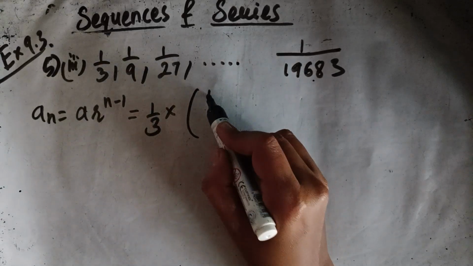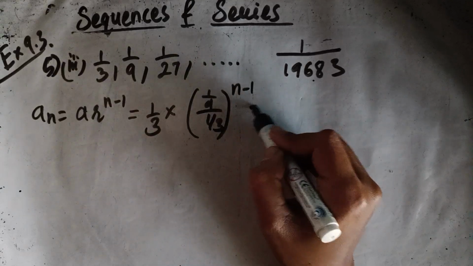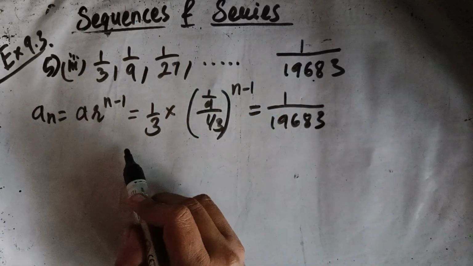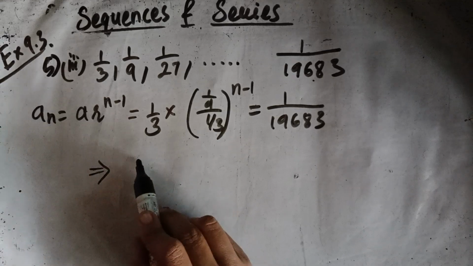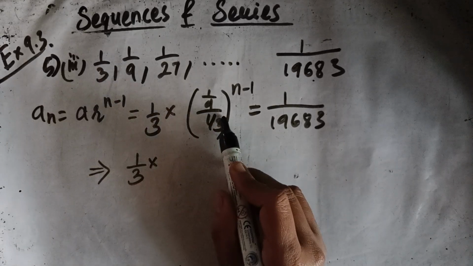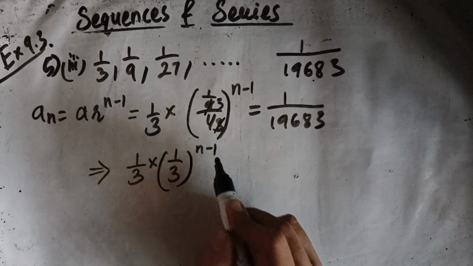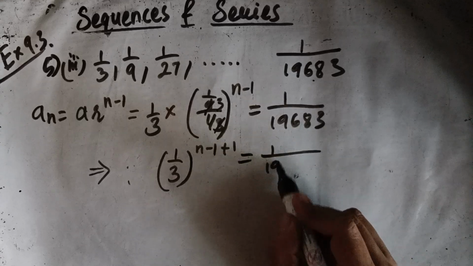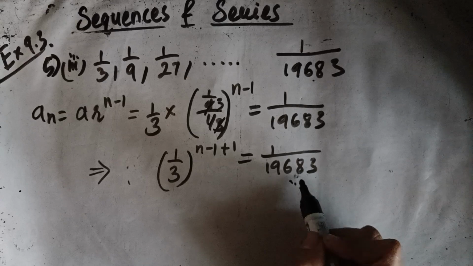R is 1 by 9 upon 1 by 3. So we have to find this in terms of 3.